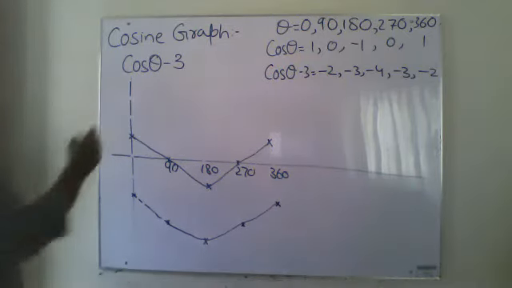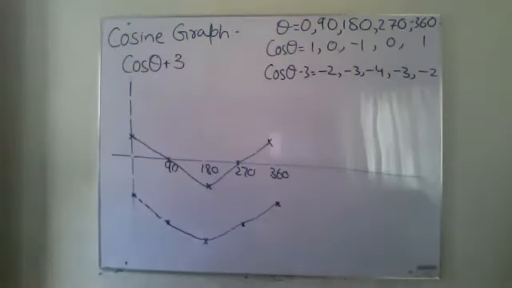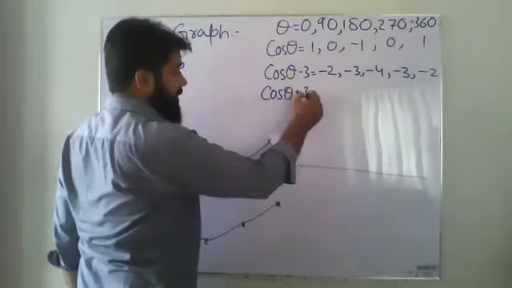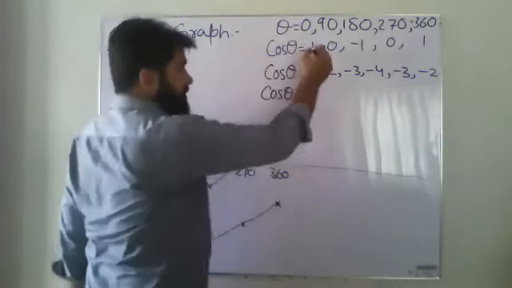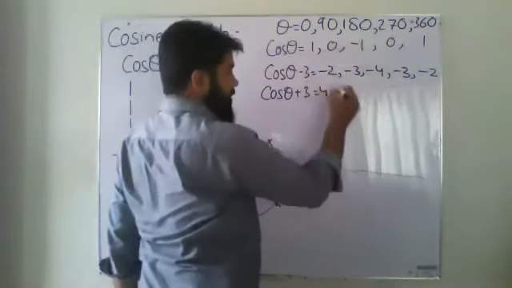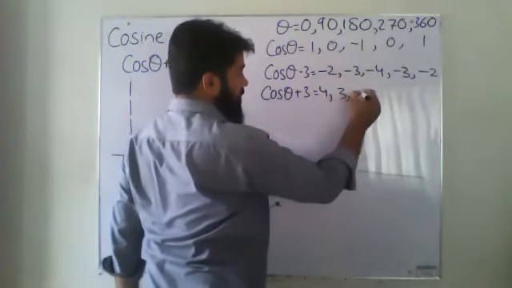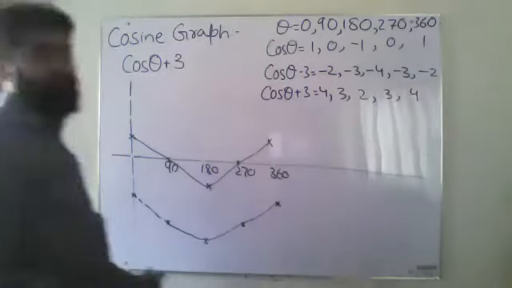And if I do the same question with +3, what will happen? Cos theta + 3. So +3 will be added to the cos values. This will become 4, 3, 2, 3, 4.